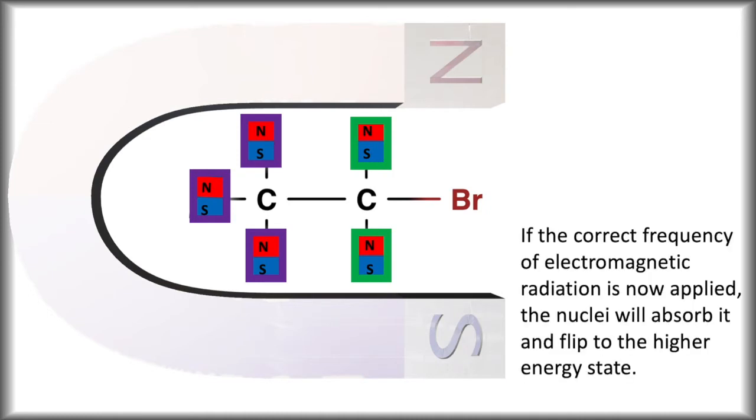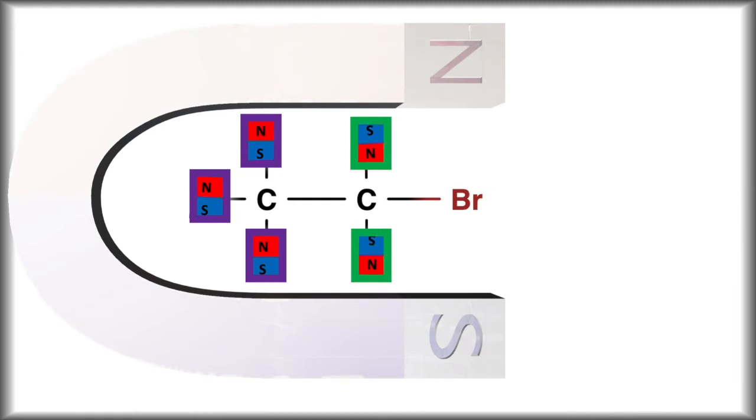If we now apply the correct frequency of electromagnetic radiation, normally in the radio wave region, the nuclei will absorb it and flip to a higher energy state. So I've applied a frequency which is going to flip those two green nuclei up, and they absorb that energy, so we would observe that when we ran the spectrum.